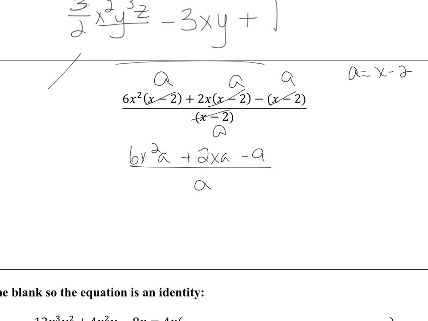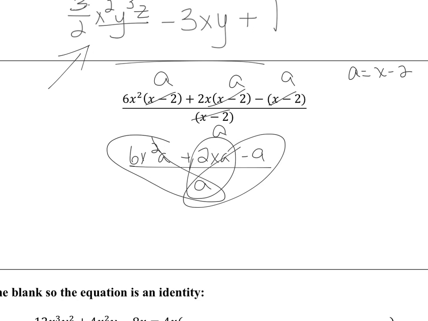So you don't have to write it like we did every time, where we write each term over the divisor. I like to do something I call loops, where you make sure that you divide that a into 6x squared a, and the a's cancel out in that particular one, so we're just left with 6x squared.